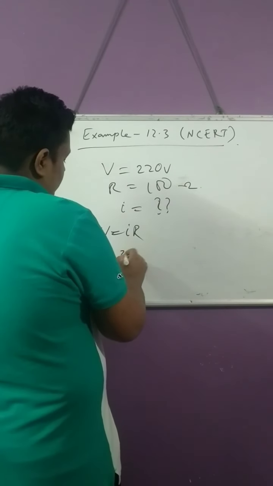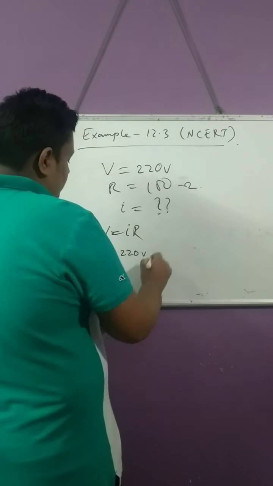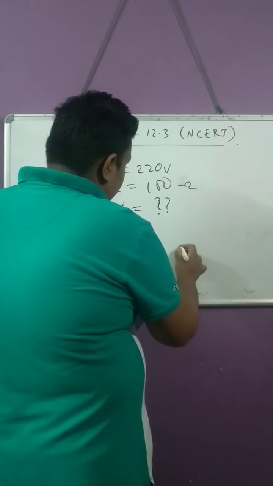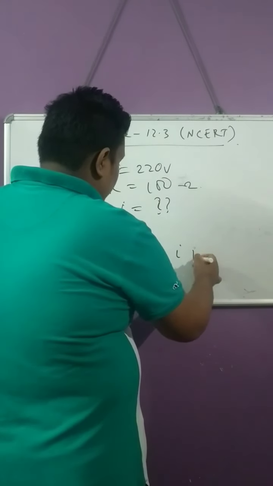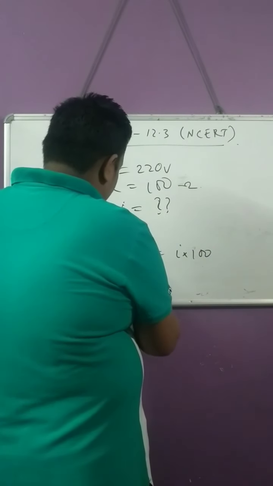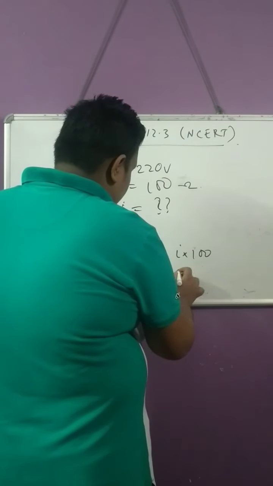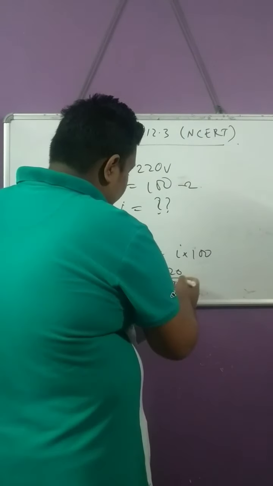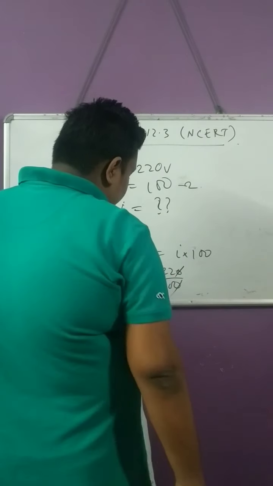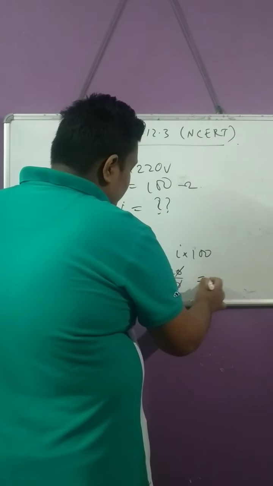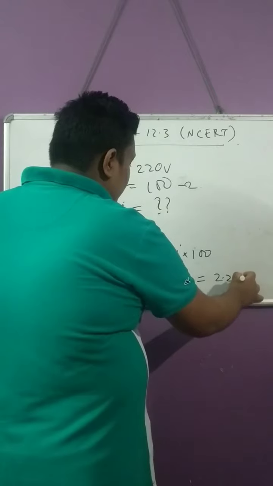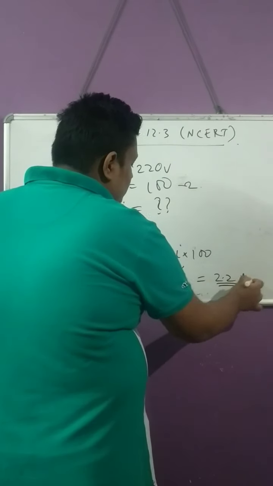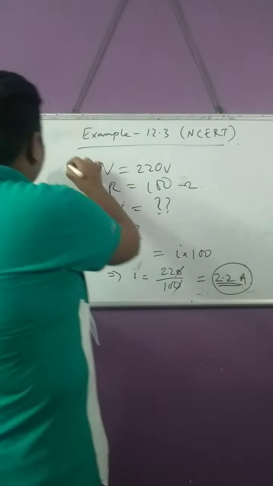V is 220 volt, potential difference. In fact, you need not write the units while you are doing calculations. Current we don't know, and R is 100 ohm. Very simple. I will be 220 by 100, because this 100 will come here. Then 0 and 0 will get cancelled. 22 by 10, that will be 2.2 ampere. This will be the answer for the second part.